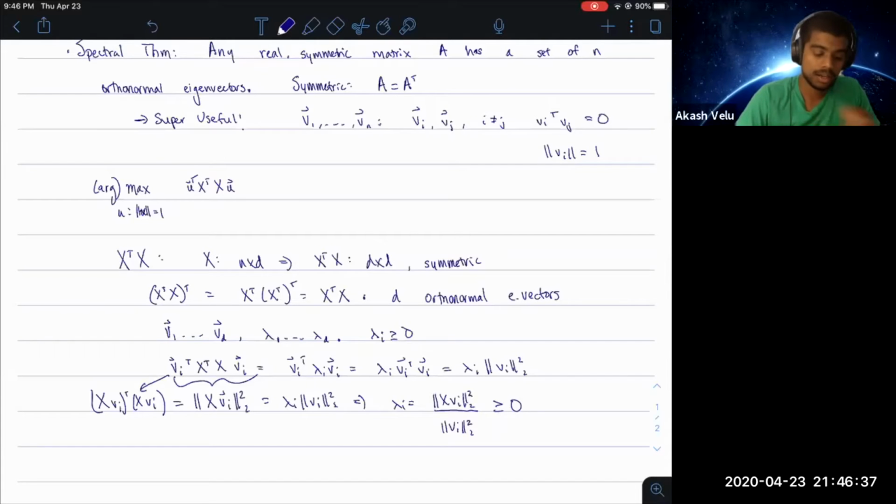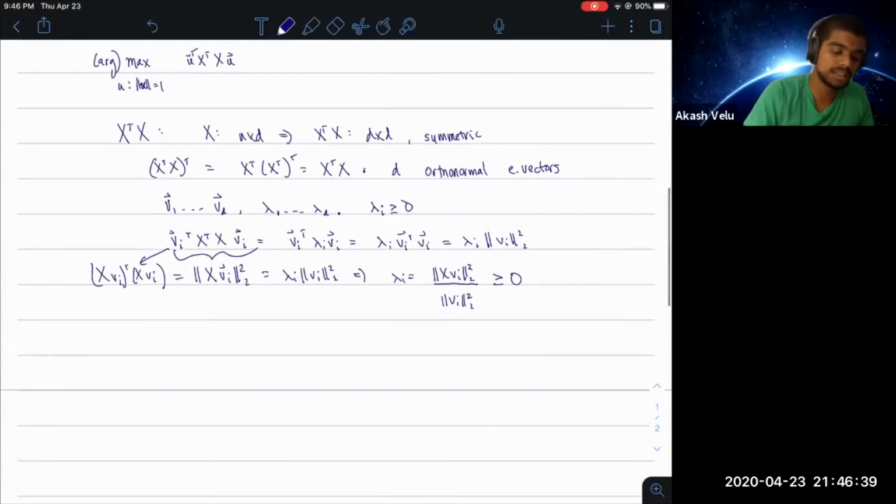So let's use the fact that there are d orthonormal eigenvectors. Remember that if a set of vectors is orthonormal, they're also linearly independent. Okay, so that means that because X transpose X has a set of linearly independent eigenvectors, we can eigendecompose X transpose X, which we've used a bunch throughout the semester.